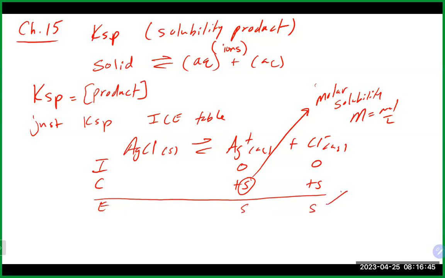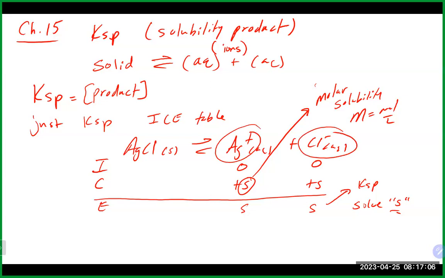This would go into our KSP expression, and we would solve for S. When we solve for S, that gives us the molar solubility of the ionic compound altogether. In a lot of cases, it also allows us to figure out the concentration of the ions floating around in that solution.